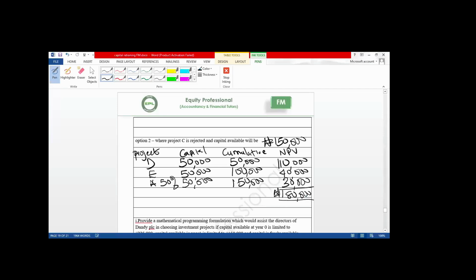Which of the groups will give you the higher total NPV? Group 1. Your recommendation: Group 1 with project C should be accepted.